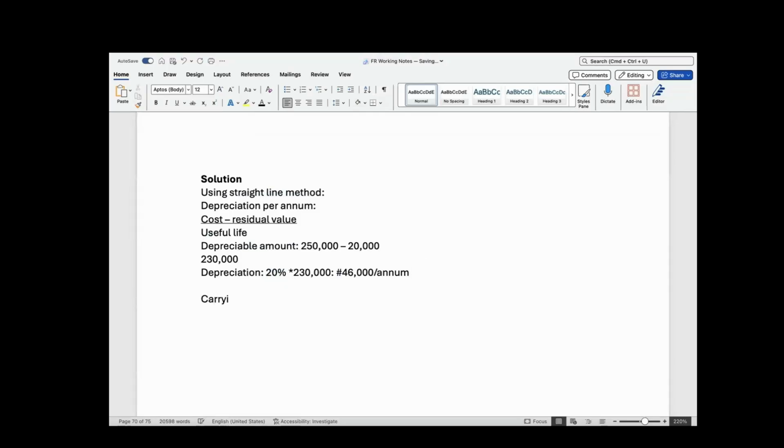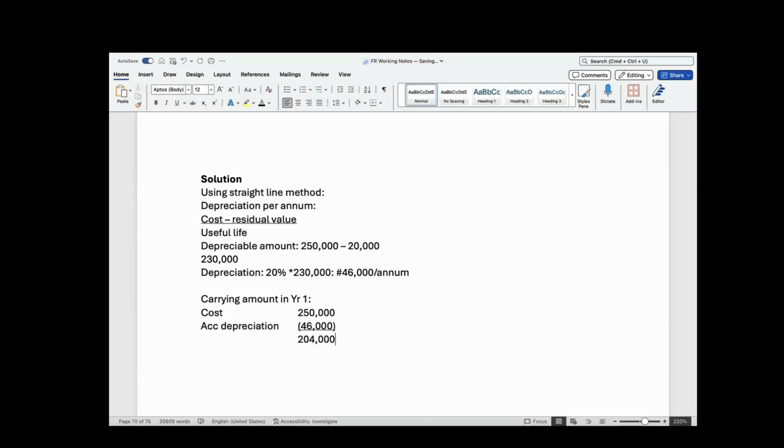In this case, my carrying amount at the end of year one is simply the cost, which is 250,000, minus accumulated depreciation, which is 46,000, giving me a carrying amount of 204,000.